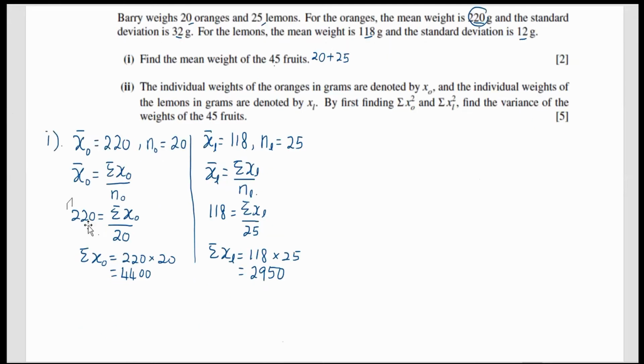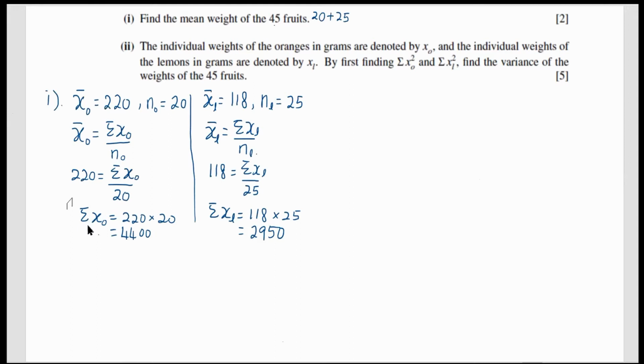Okay, once we have found these totals, we should be able to get the mean of all 45 fruits, which is the total weight of the oranges plus the total weight of the lemons, divided by the number of oranges plus the number of lemons.